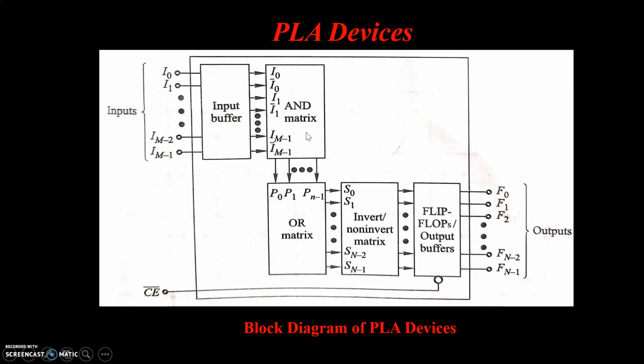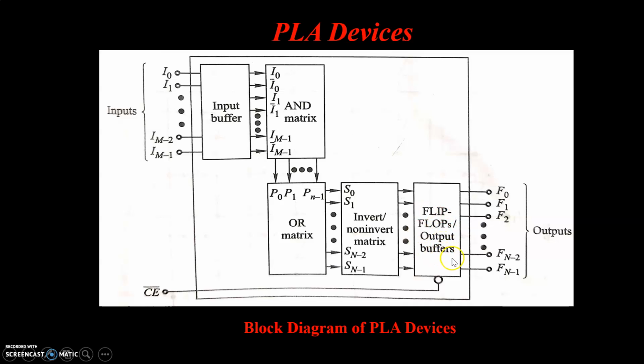The outputs of the AND matrix are shown by small n. So the output of the AND matrix is now input for the OR matrix. The output of the OR matrix is capital N. It is available as an input to the invert and non-invert matrix, and the output of this block is given as an input to the output buffer.